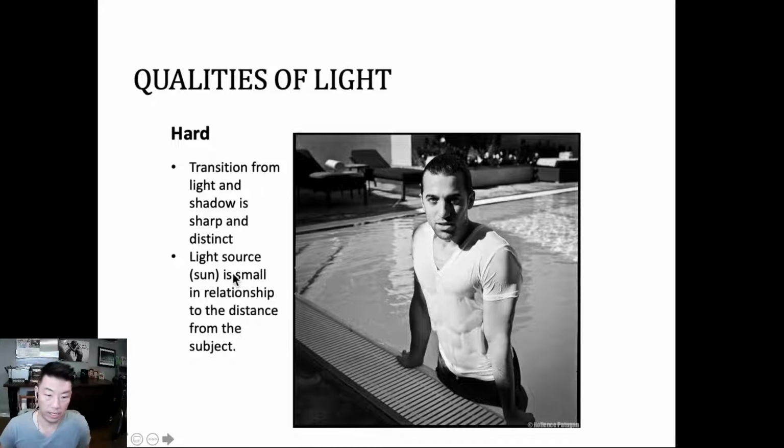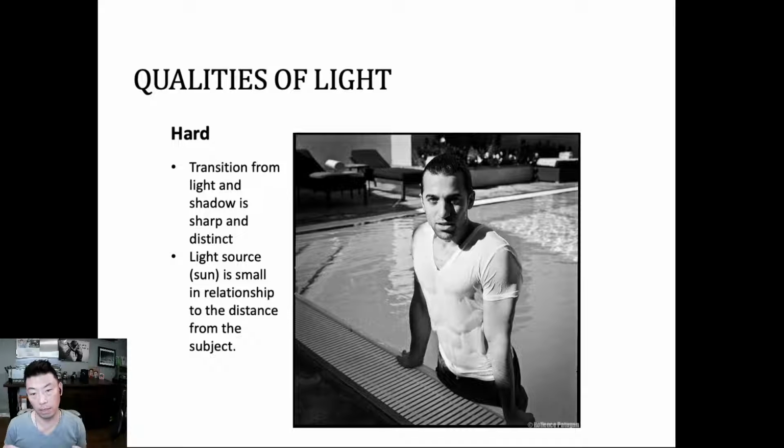The light source in this case is the sun, and it is a cloudless day. This is direct sunlight onto the subject. What produces hard light is a small light source in relationship to the subject matter.